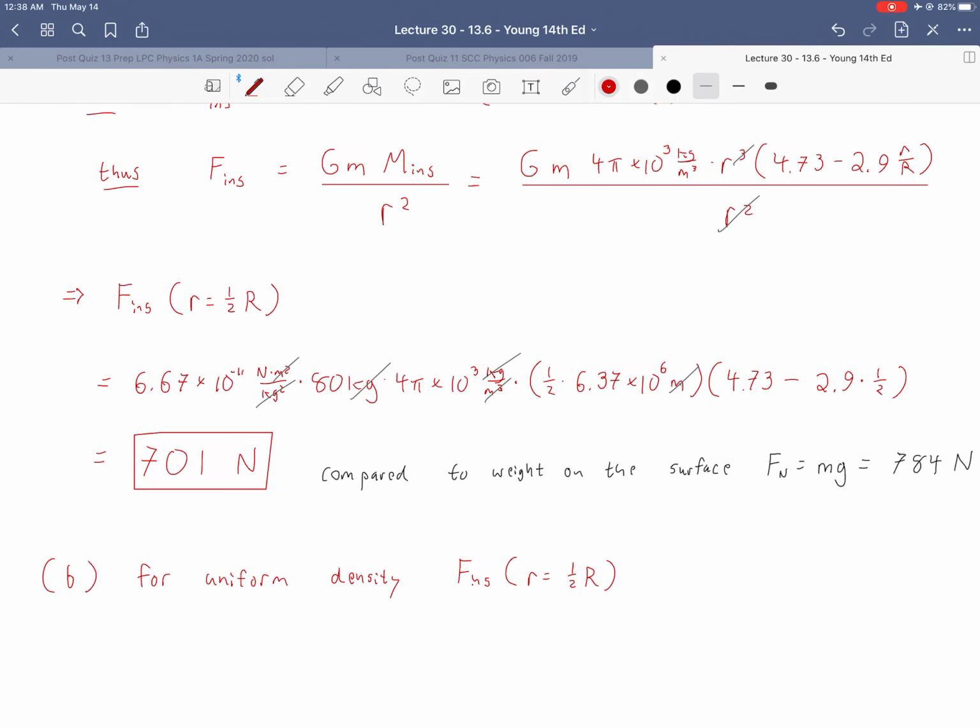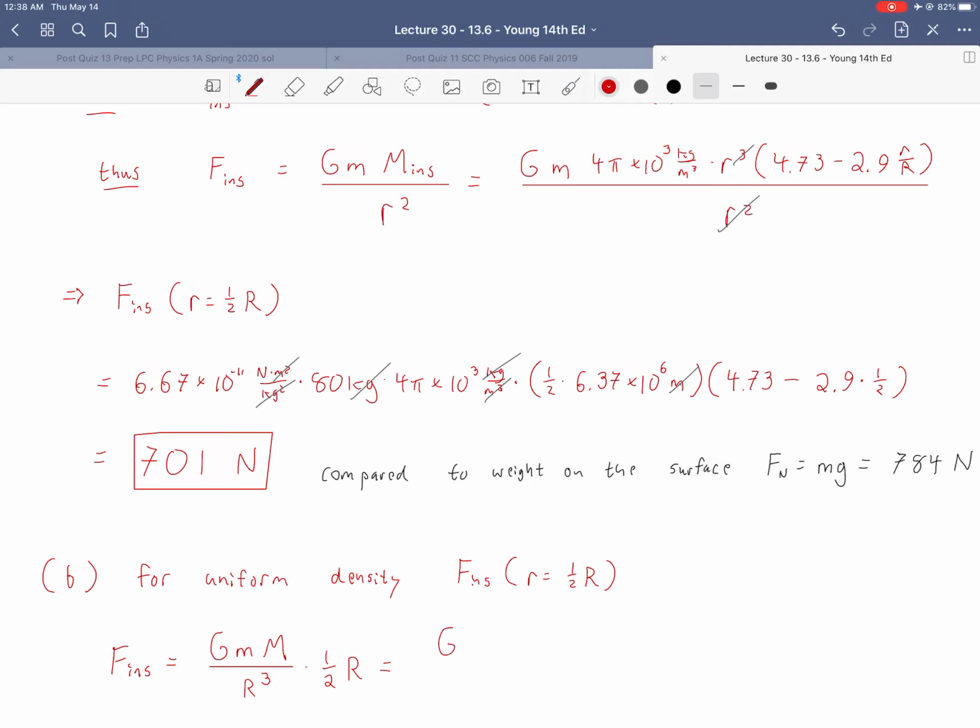There we are. Okay, so I just want to not have to flip back and forth. So we'd have F inside would then just be big G M M divided by R cubed times 1/2 R, okay?